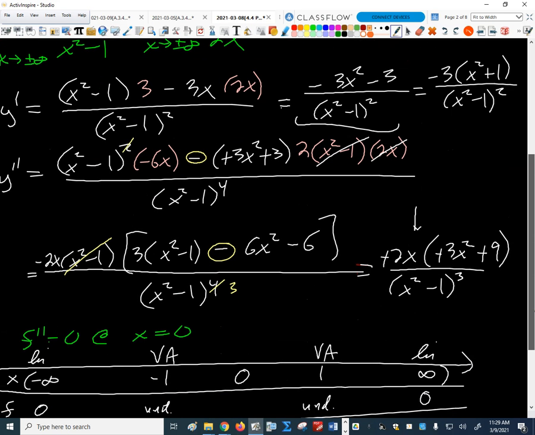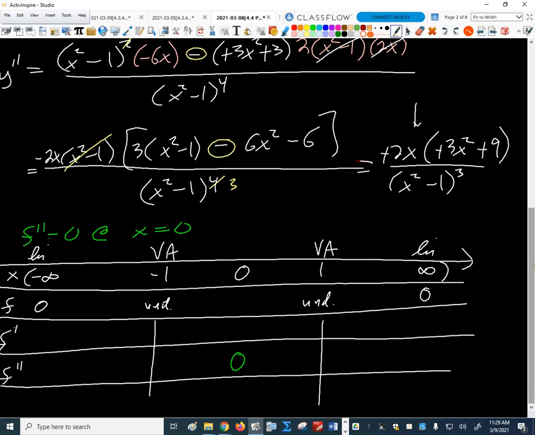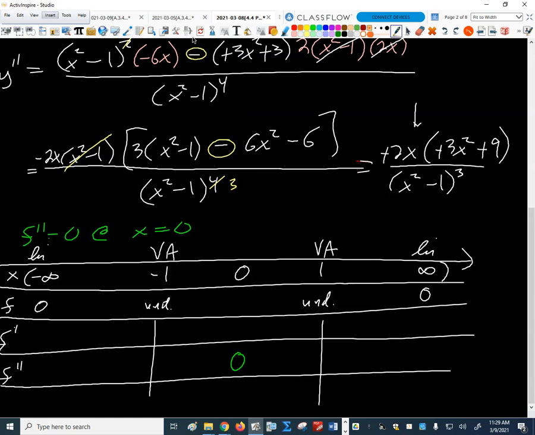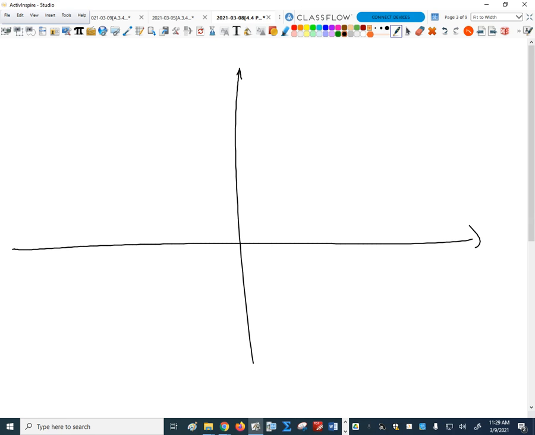Oh, what's going on here? Oh, never mind. Okay, I guess I have to go to the next page to graph this thing. There's my horizontal asymptote.